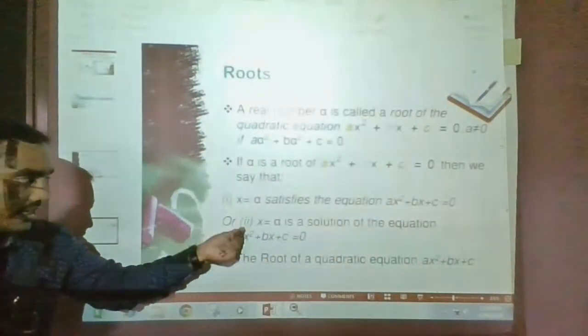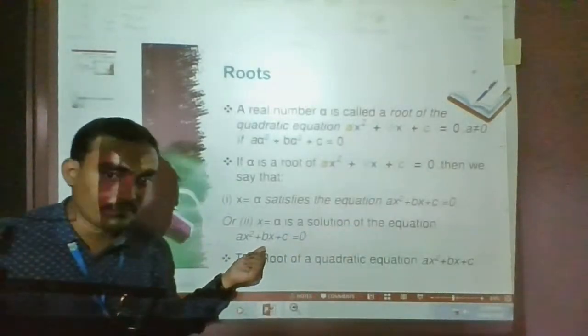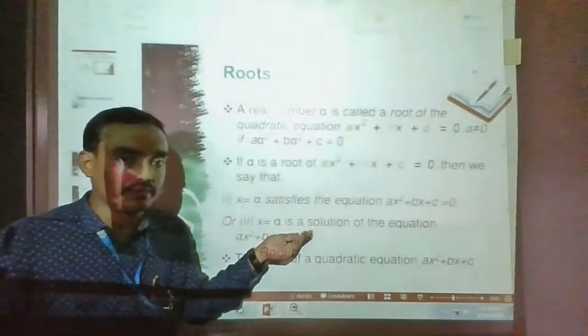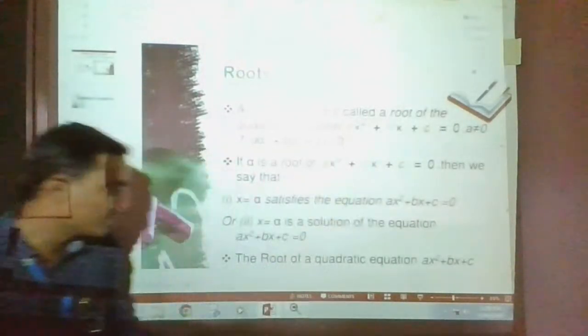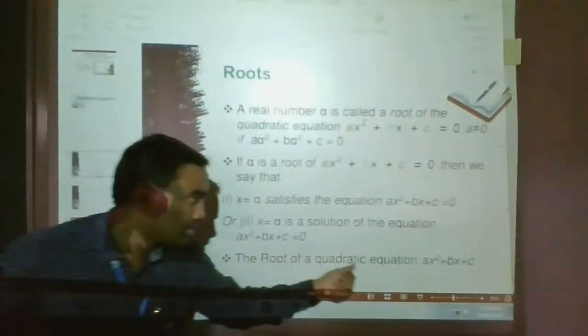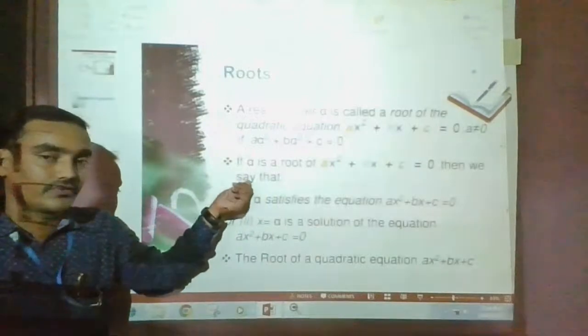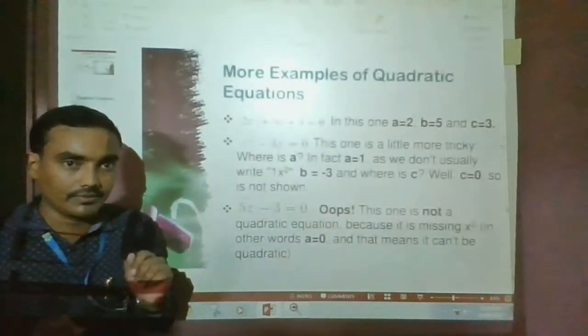The second condition: x equals alpha is a solution of the quadratic equation, where alpha is any number, suppose we take x equals 2, 3, 4, whatever it may be. So that is the solution of the given quadratic equation. Therefore, the root of the quadratic equation ax square plus bx plus c is alpha.